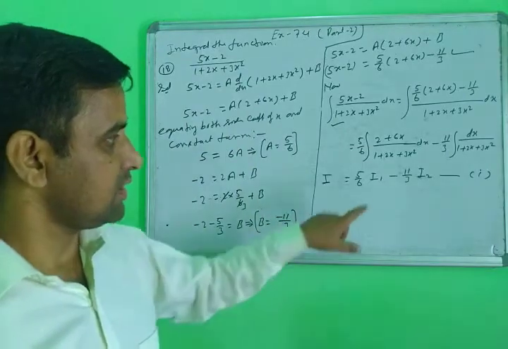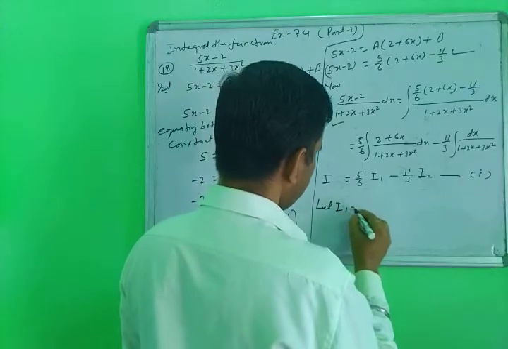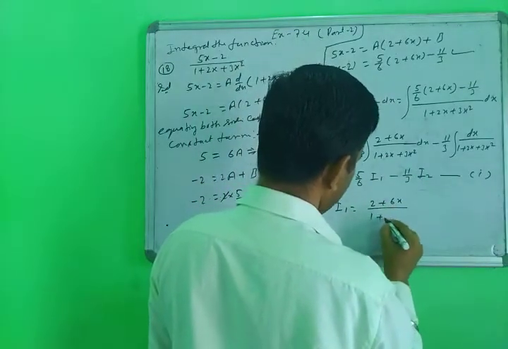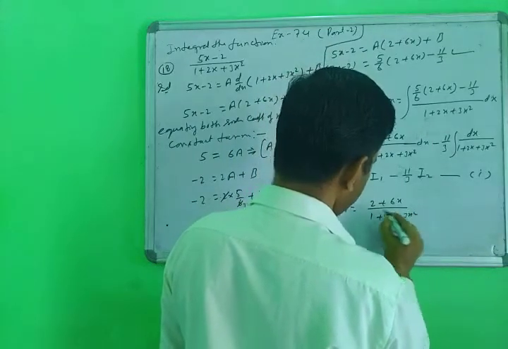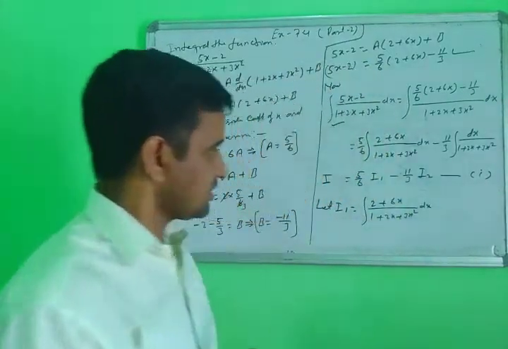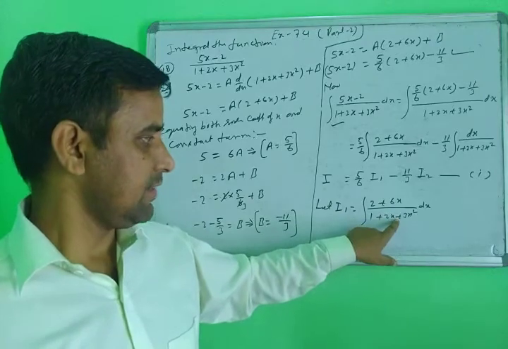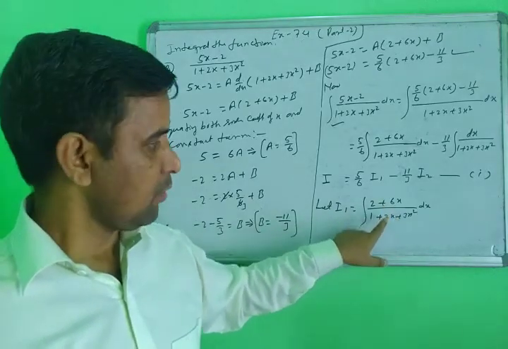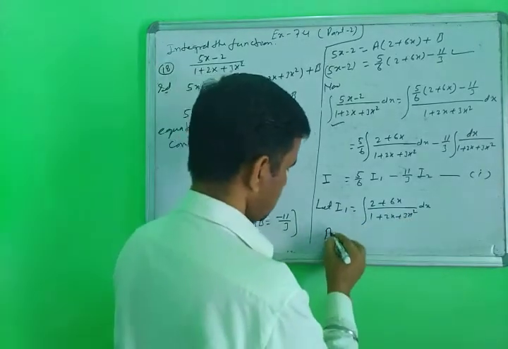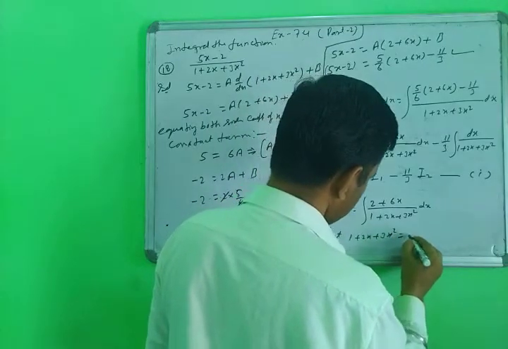Yes, note down. Then you separate the integration. Let I1 equal (2 + 6x) upon (1 + 2x + 3x²) dx. Now substitute this value with t, then this will easily come here. Put 1 + 2x + 3x² equal to t.